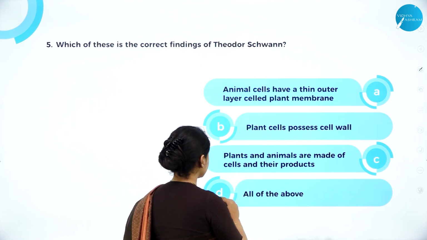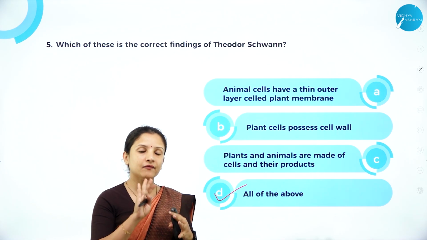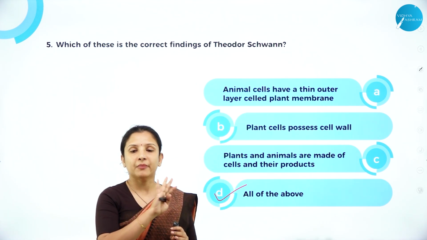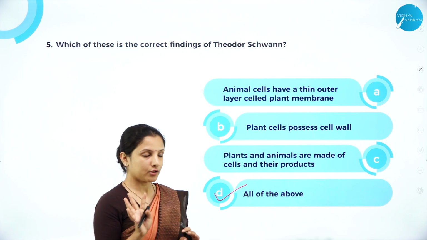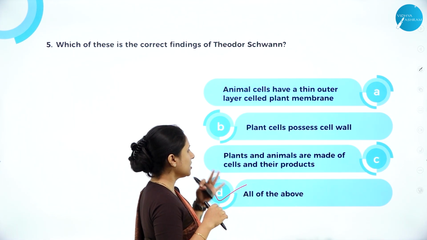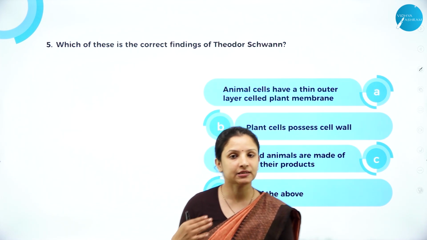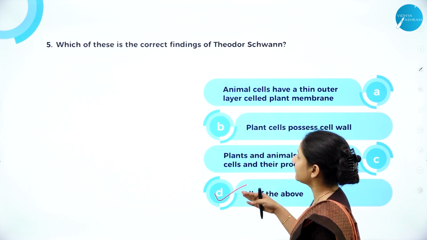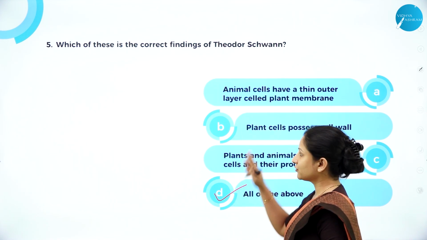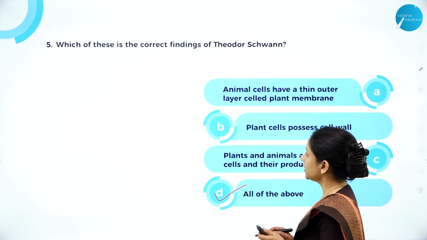All these are true. So animal cells, yes, have a plasma membrane, but they do not have a cell wall. That you have to remember. Plant cells have a cell wall and a plasma membrane, and plants and animals are made up of different types of cells and their products. All the statements were given by Theodor Schwann, so all these are right answers. Therefore, option D is the right option here.